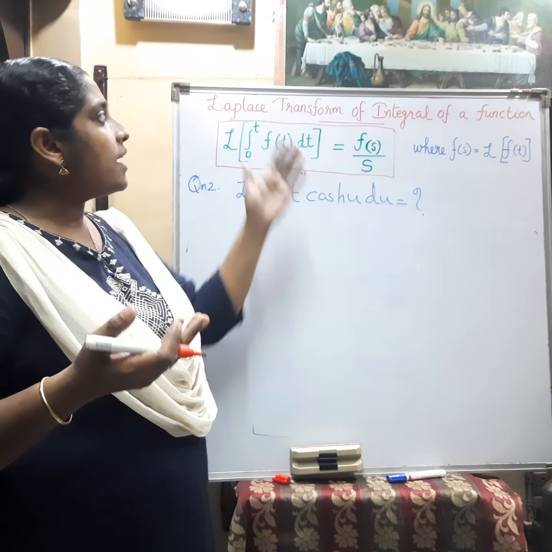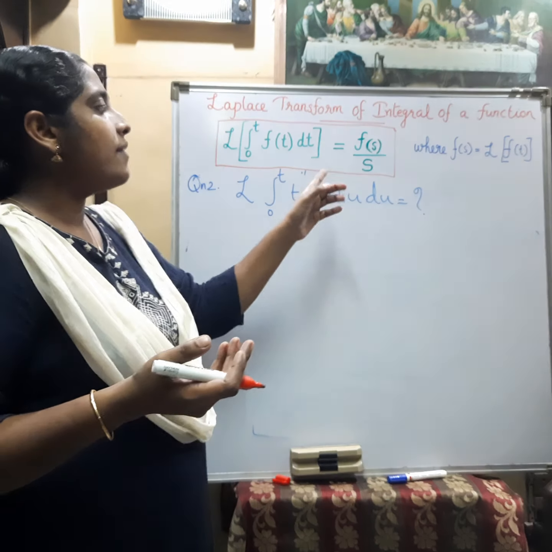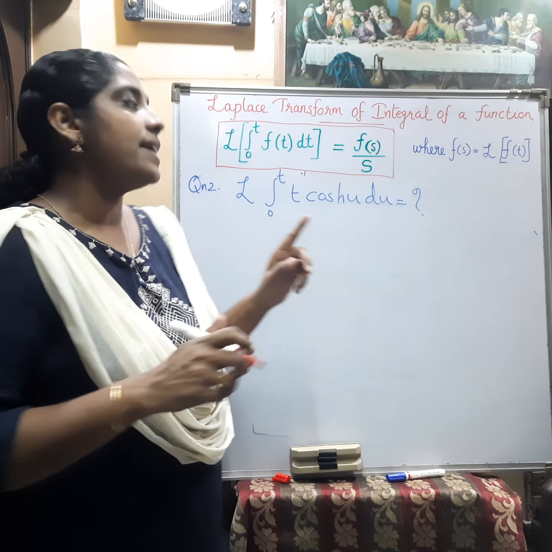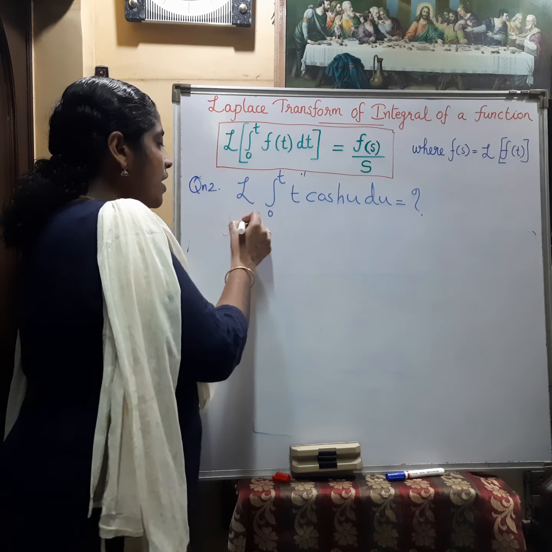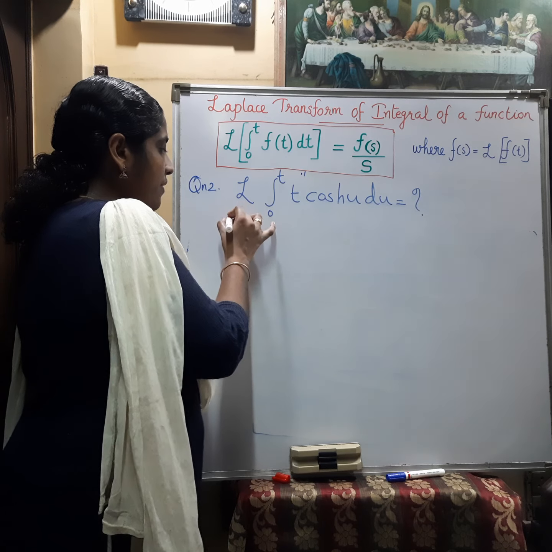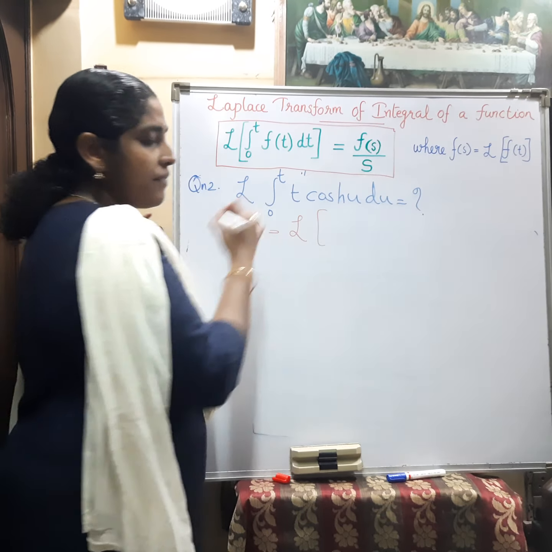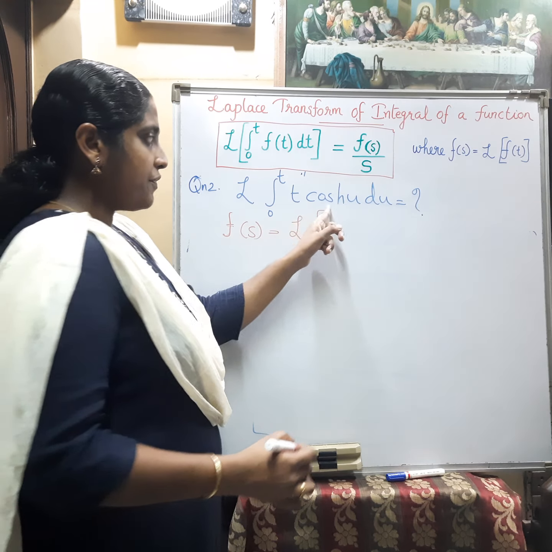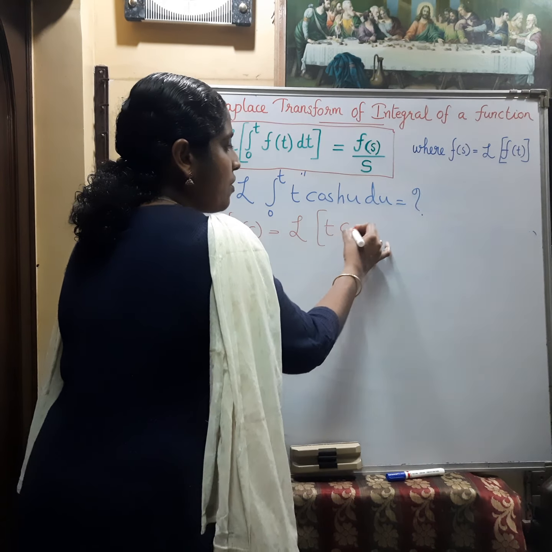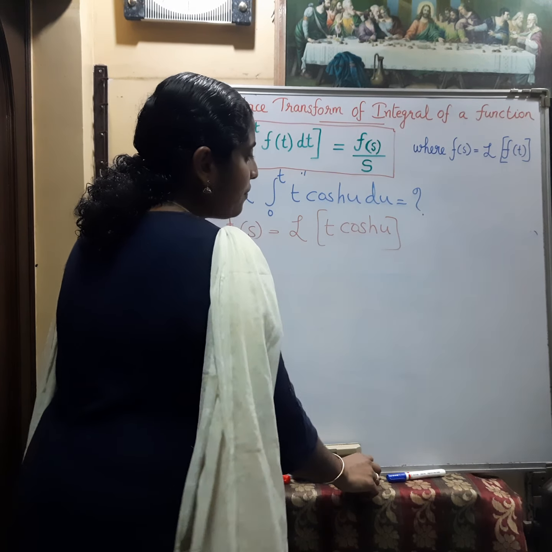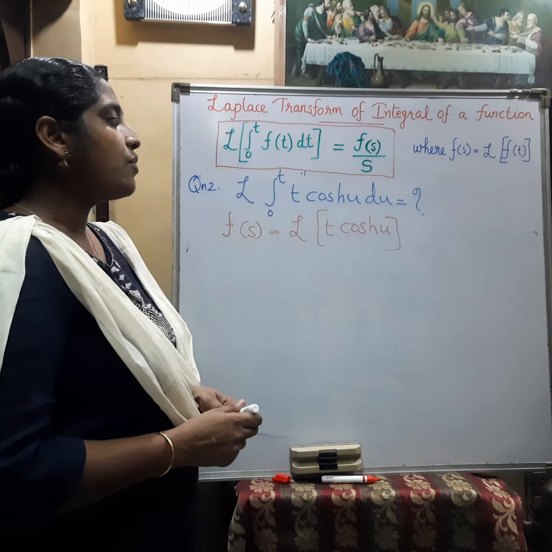We can use the Laplace transform of integral formula, which is f of s by s. So first we have to find f of s. f of s is the Laplace transform of the given function, that is the Laplace transform of u cos hu. Now how can we find this?